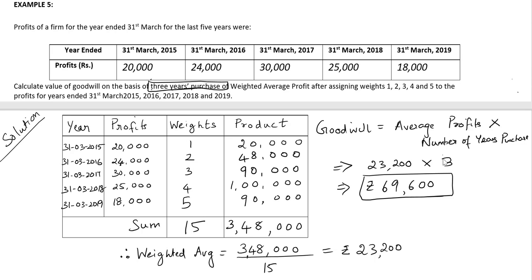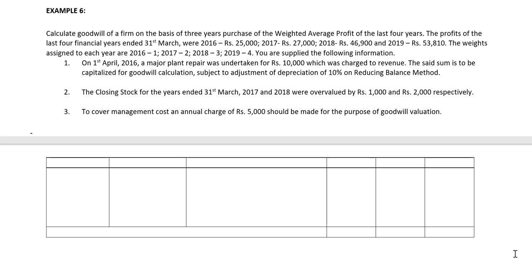Let's go to next example. The final example, example 6. Calculate goodwill of a firm on the basis of 3 years purchase of the weighted average profits of the last 4 years. The profits of the last 4 financial years ending 31st March were, for 2016, it's rupees 25,000.